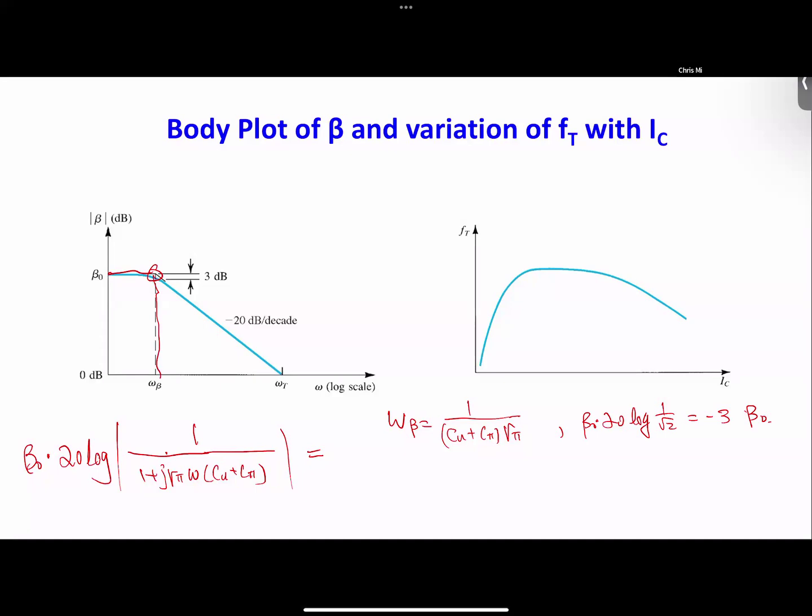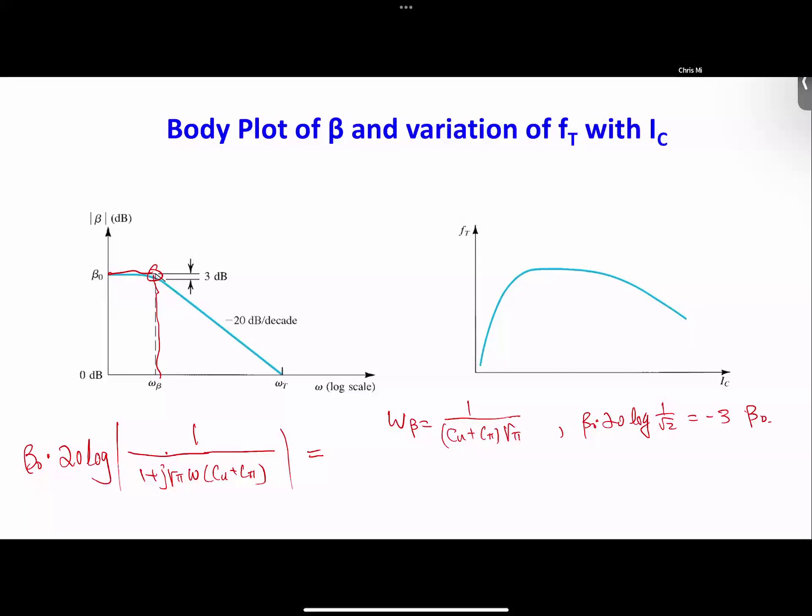And then beyond this point, it will go as a line going down. Why does this become a straight line?